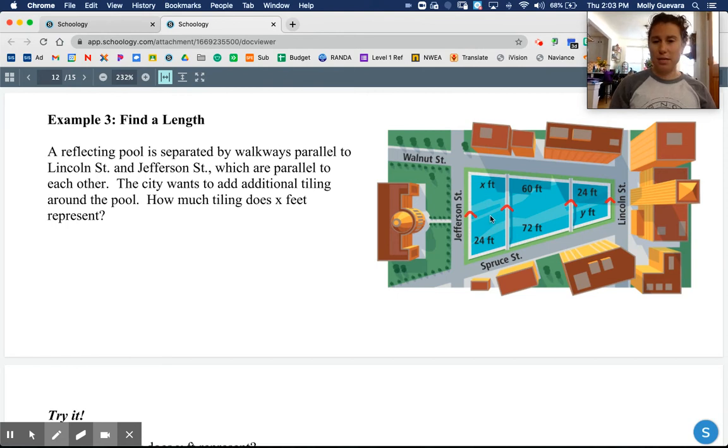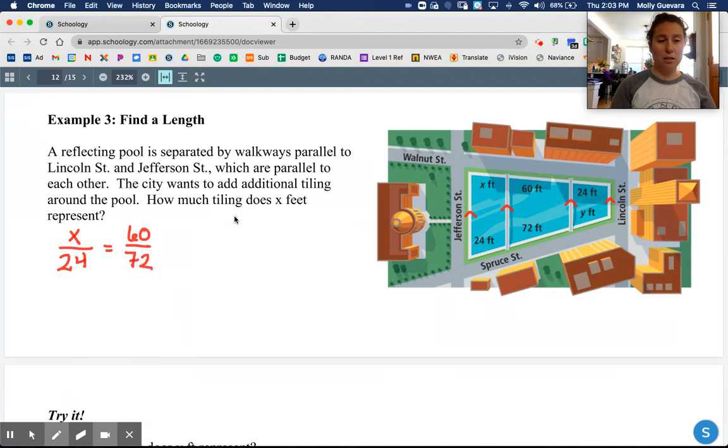Lots of different ways that we can set up the proportion. In this case, y and 24 are not going to help me because I don't know what y is, right? So I'm going to set up a proportion with these 4 numbers. And we can just do it this way: x over 24 equals 60 over 72. Or you can do x over 60 equals 24 over 72. Or lots of different ways. But let's just do x over 24 equals 60 over 72.